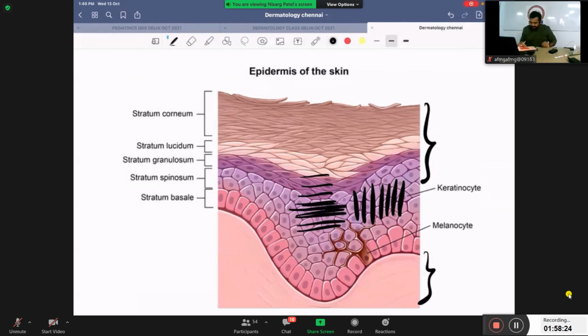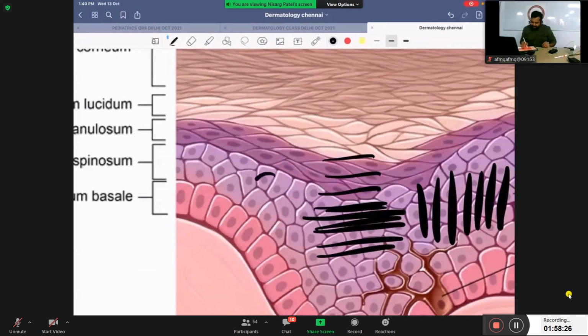If I have Darier's disease, what will happen? I will get a blister here, right? But because the compensatory mechanism is present, the fluid will not be there. But what will happen in pemphigus? In pemphigus, there is damage to the desmosome. What will happen?